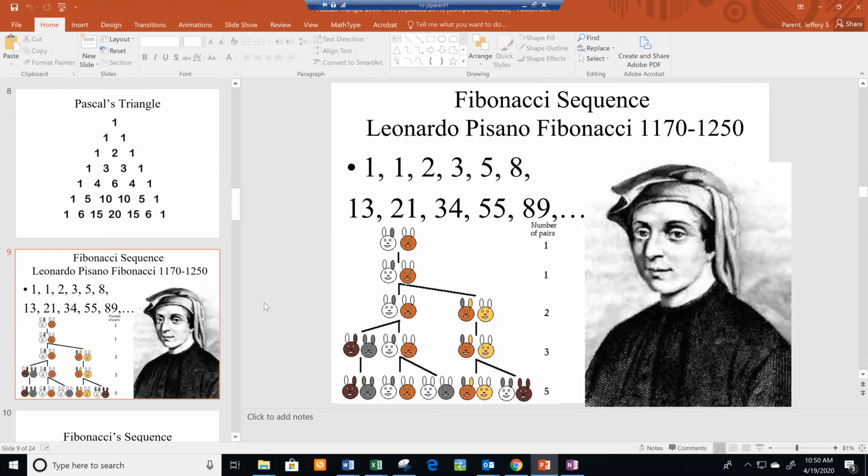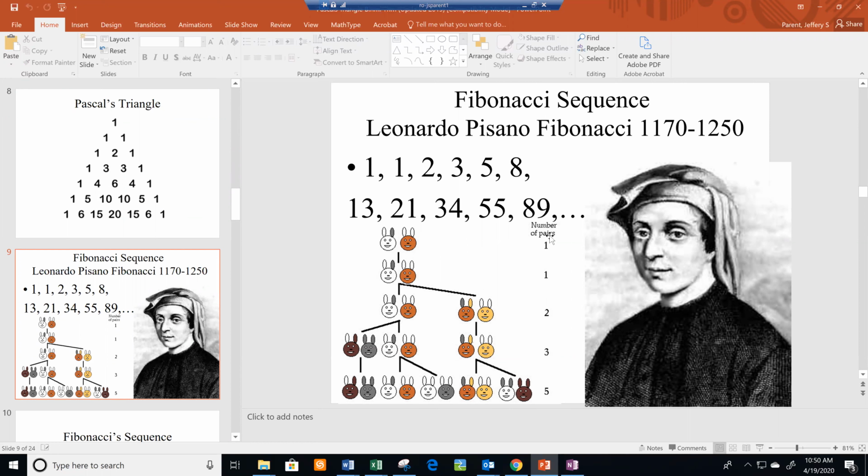A name that I've mentioned in class a couple times is Fibonacci. A lot of things they could say about him, but probably one of the most famous things he's noted for is pondering how many breeding pairs of rabbits you would have after a given time, assuming that each month you produce a new rabbit. So that was his thought process, and this is the sequence that he ended up with.